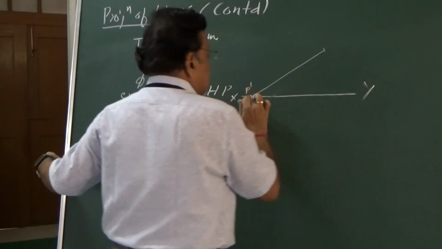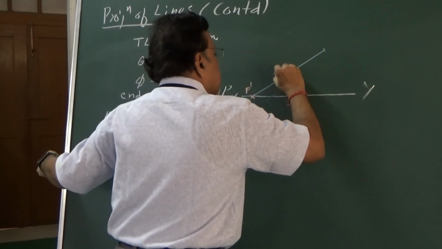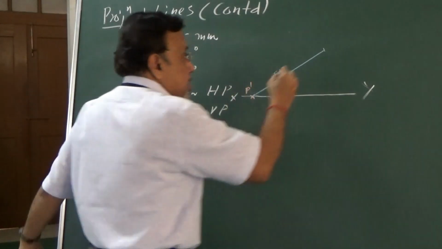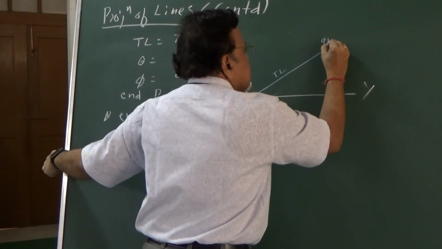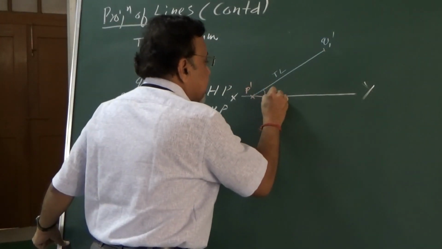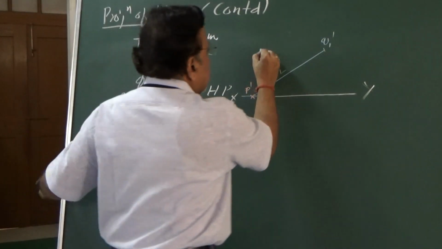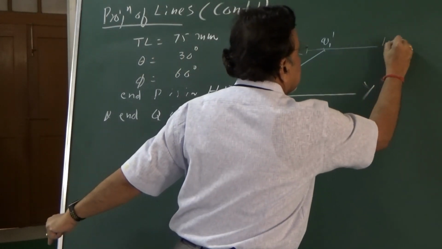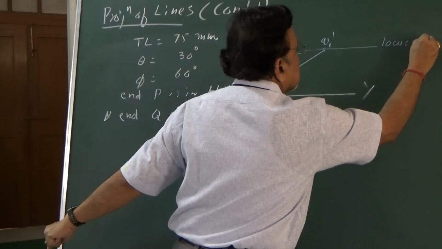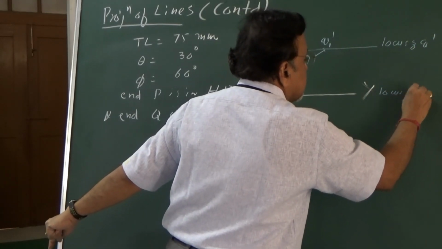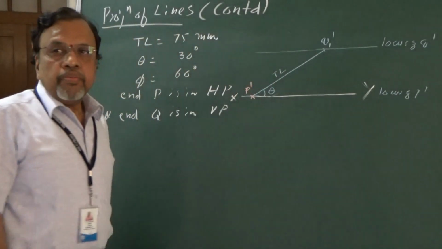Since this is TL, this has to be called not the final Q dash but with a subscript. Let me call it Q1 dash. This is TL and this angle is theta, and if I draw this, this will be the locus of Q dash, and this is the locus of P dash.